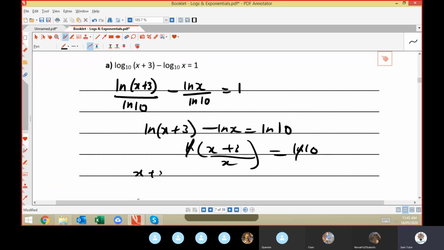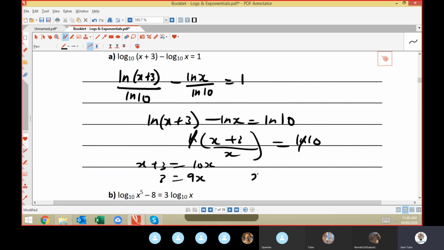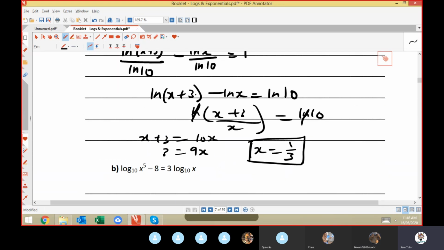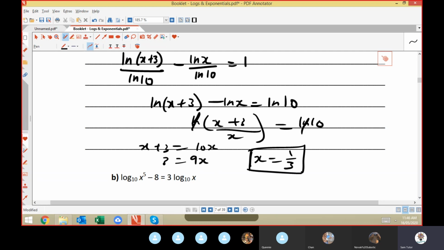And you'll just have x plus 3 is equal to 10 times x. Bring the x over. 3 divided by 9. Maybe that's where you went wrong. Novak, 3 over 9 is 1 over 3. Yeah, that's where I went wrong. Okay. The rest of us, we're getting it. We're starting to get it.